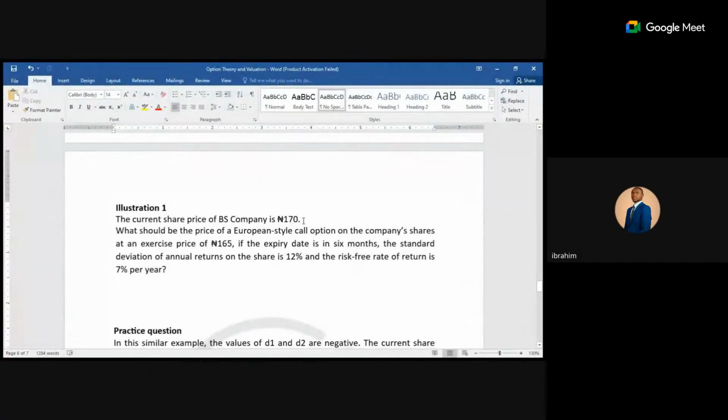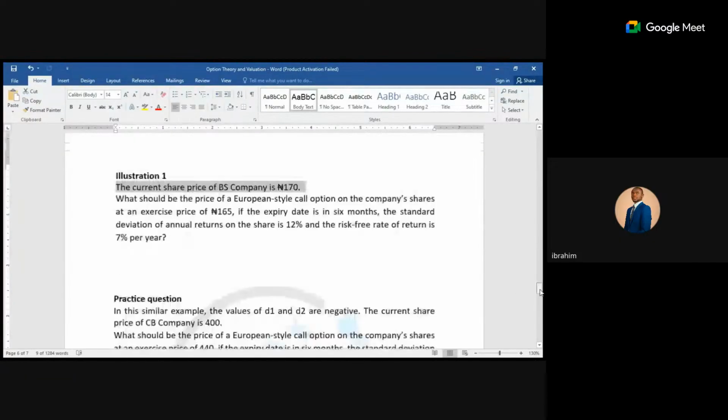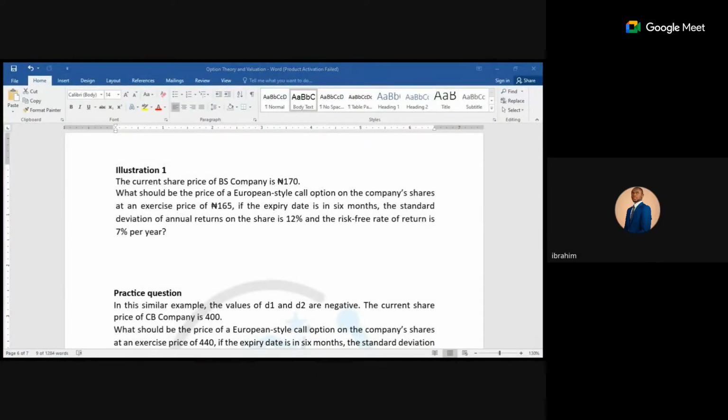Class, the current share price of BS company is 117 naira per share.